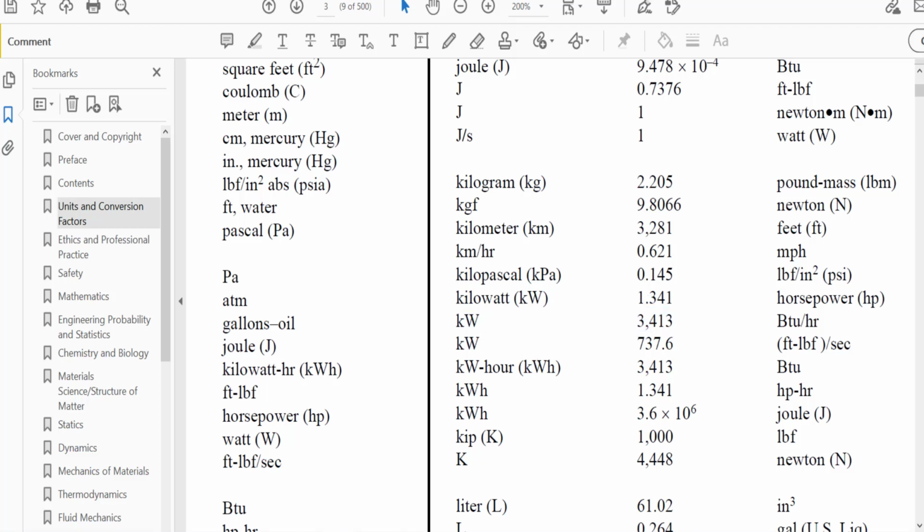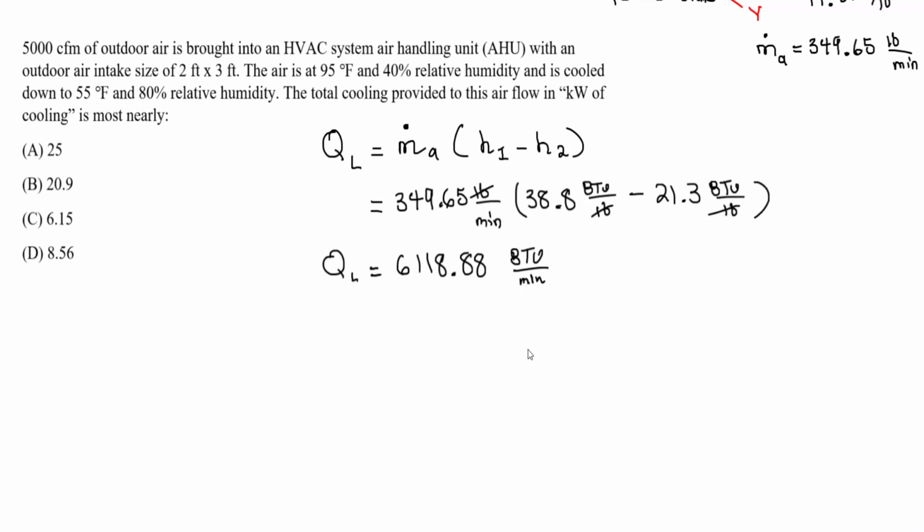So let's do that. Let's go back. The first step again is to convert this BTU per minute to BTU per hour. We know there are 60 minutes in 1 hour, right? So we take this and multiply it by the 60 minutes in 1 hour.